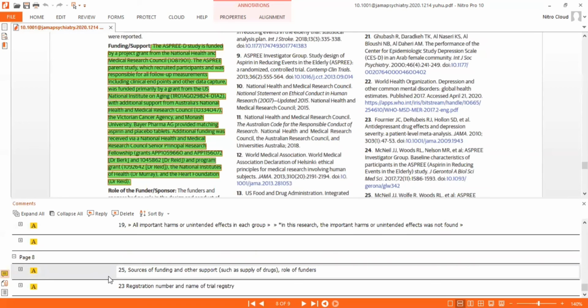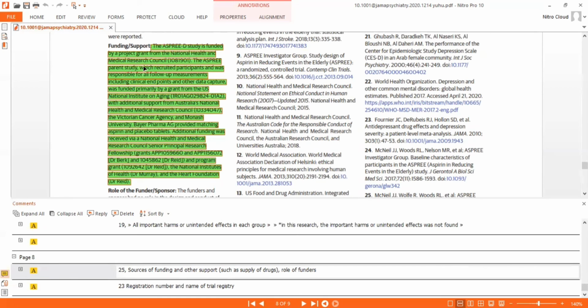Next, point 25, sources of funding and other support, role of funders. The ASPREE study is funded by a project grant from the National Health and Medical Research Council.